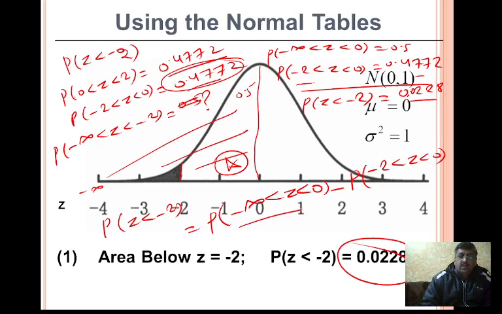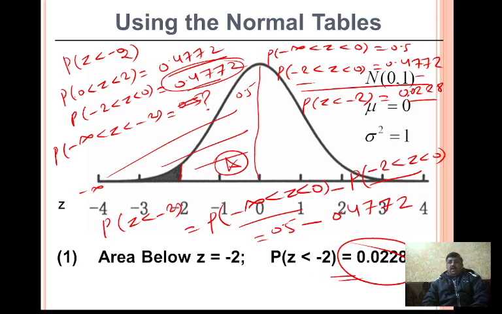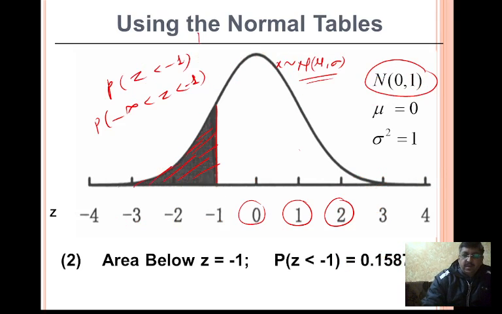So this value is 0.5 minus the value we calculated from the table, 0.4772, and on subtraction we find the value. Don't worry, I'll explain it one more time for you, right?